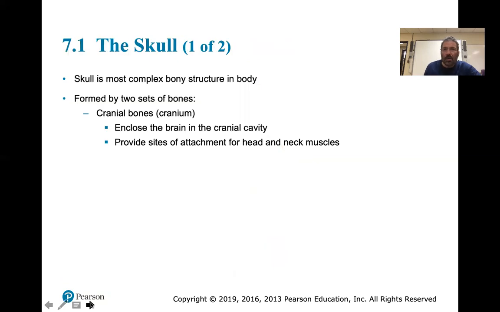So the skull is the most complex bony structure of the body. When we look at the skull, there's a tremendous amount of bony landmarks and foramen, holes like foramen rotundum and foramen ovale. You have to start thinking: the carotid artery has to go through these structures, and your brain sits in there with its different lobes.